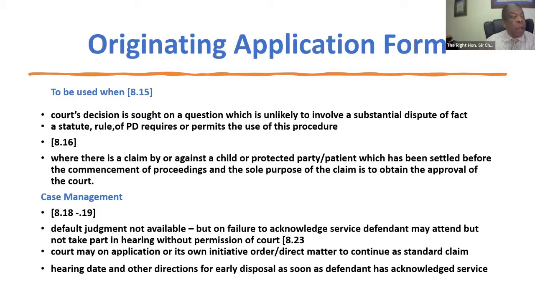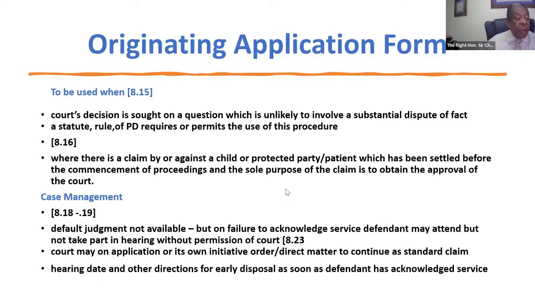So you've seen the standard claim form, the fixed date claim form, and now you have the original application form, which is something which you can get before the court. Let's go down, case management. You can't get a default judgment, but if there's a failure to acknowledge service, the defendant is not allowed to take part in the hearing without the permission of the court.